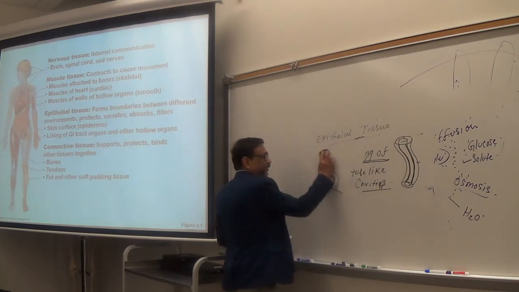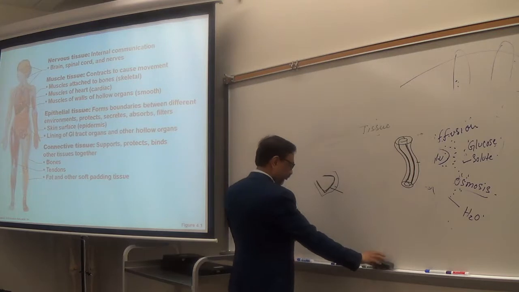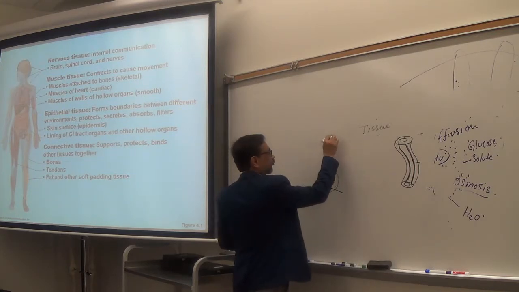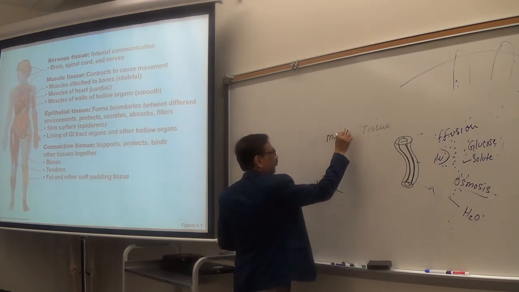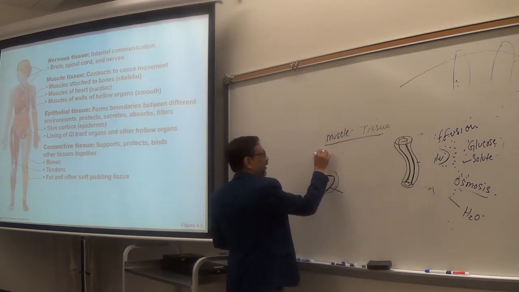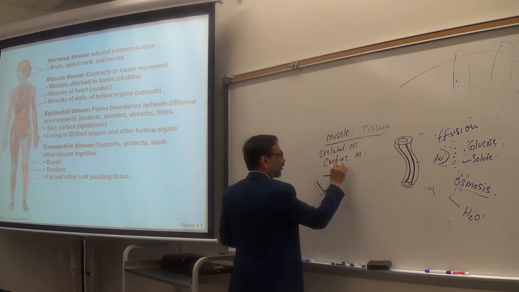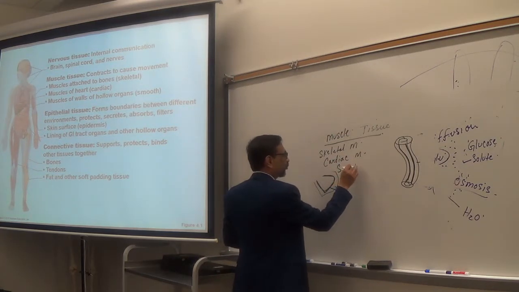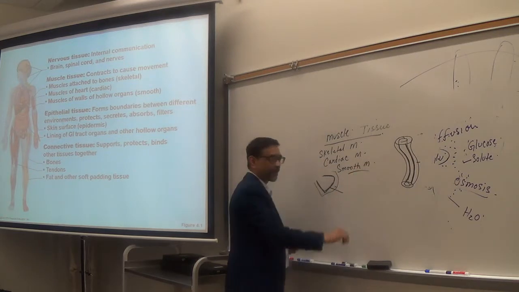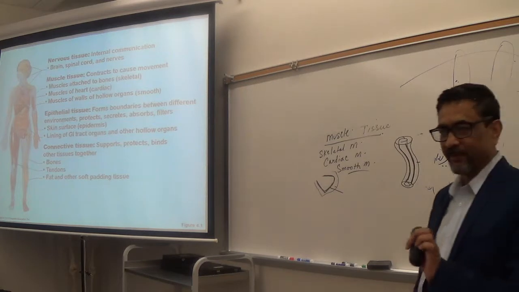Now let's see the muscle tissue. There are three types of muscle tissues: skeletal, cardiac, and smooth. So those are three types of muscle tissues. Okay?